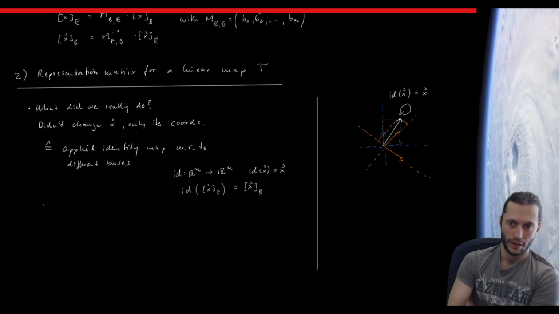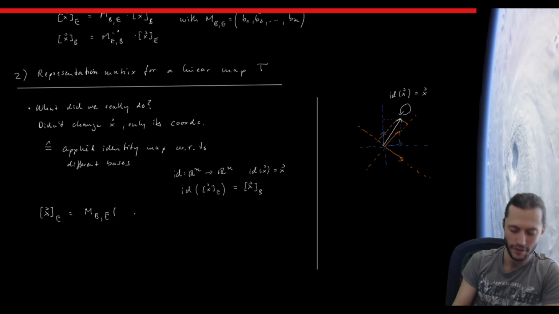So we had x, for example, in the E basis, and the matrix M_BE, now with a little more notation, why not, was the representation matrix for the linear map identity, which would be the linear map T, in this case the identity, times the B coordinates.